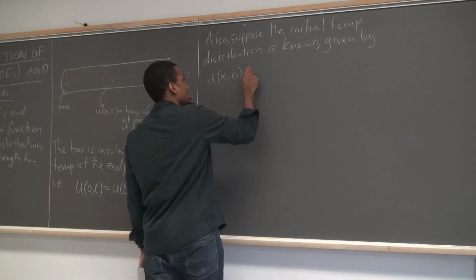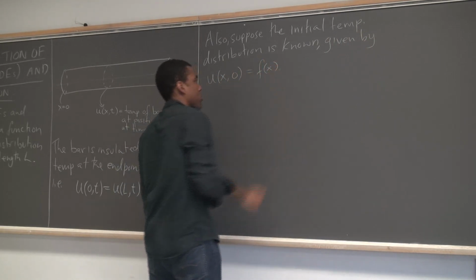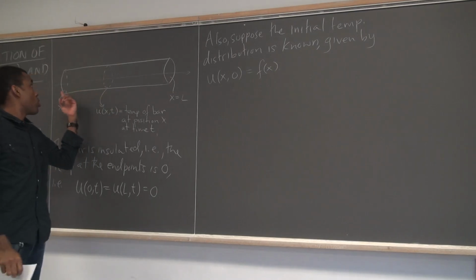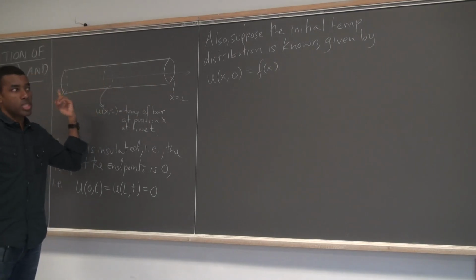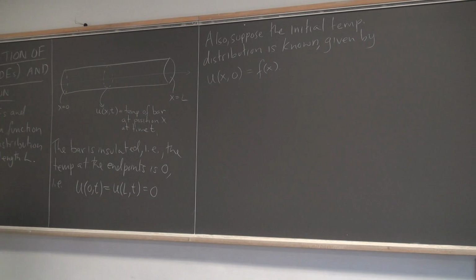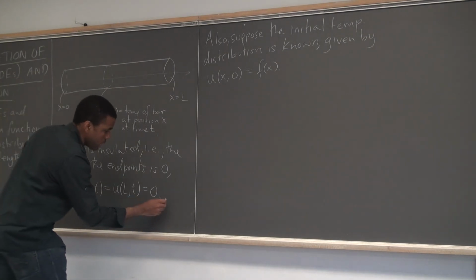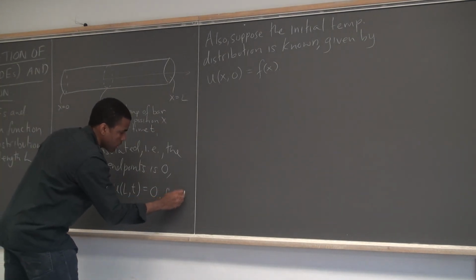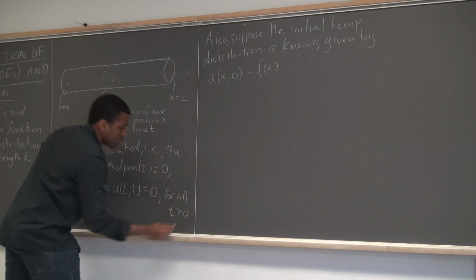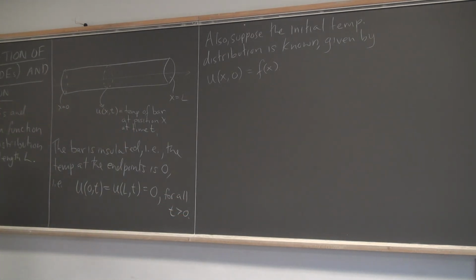When time is 0, let's say it's given by some function f of x, which means f of x will tell me what the temperature is for some position x along the bar at the initial time. So that's the setup. And t is time here, so this is for all t greater than 0.